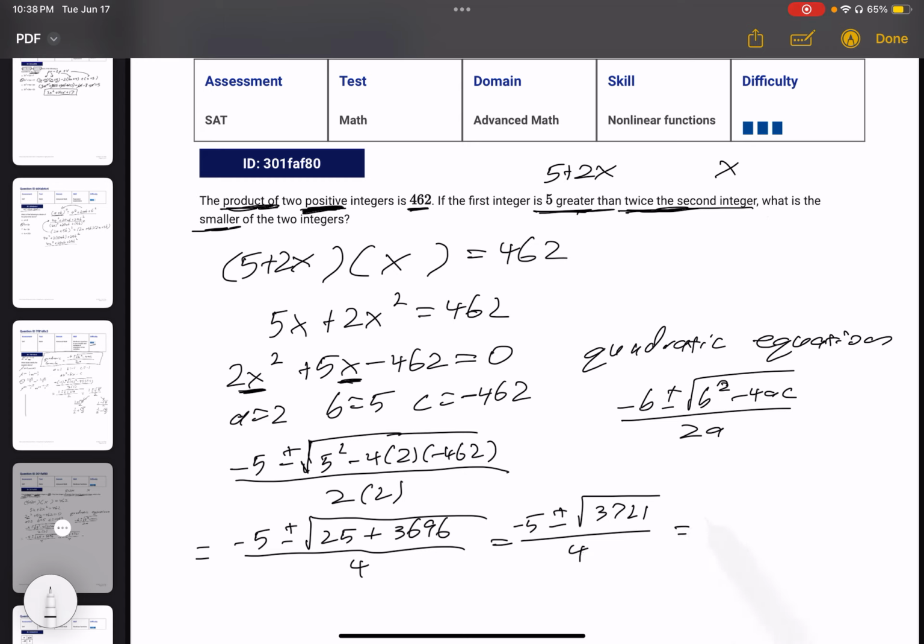Okay, we have negative 5 plus or minus the square root of, not the square root, we just took the square root, plus or minus 61 over 4. Okay, here is where we need to read the problem back and understand that it's positive, correct? So we're going to write both of these out anyway, so we can see how we may make a mistake.